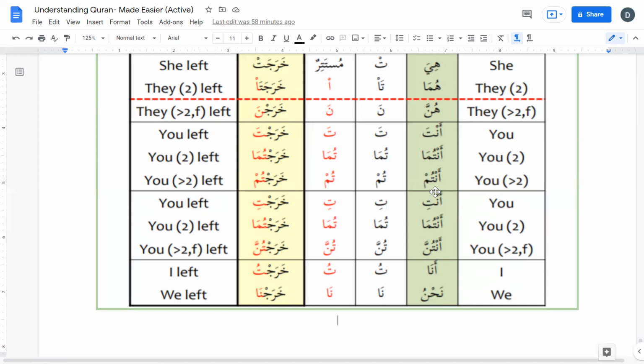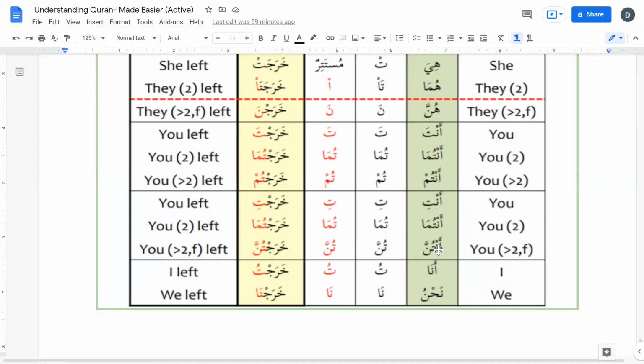In English, we have you for singular, dual or plural, but in Arabic it's different. Anta, single masculine, antuma, two males, antum, three or more males. Then anti, again the last letter is t, so kharajti, anti kharajti, antuma kharajtuma.